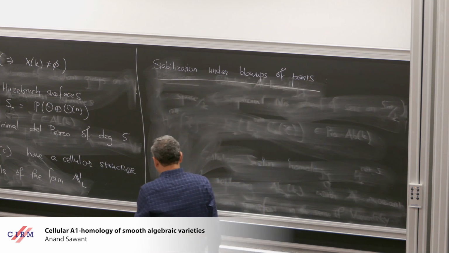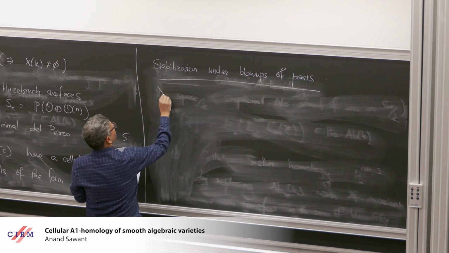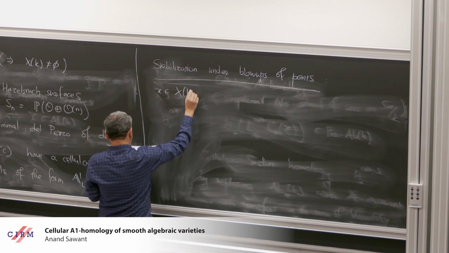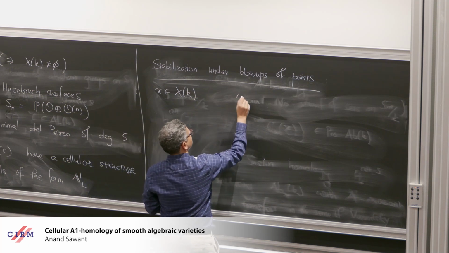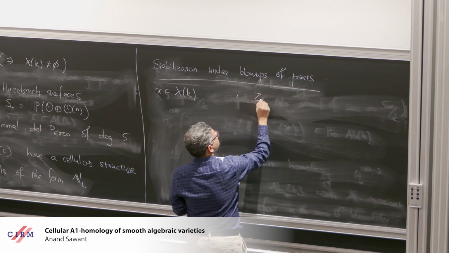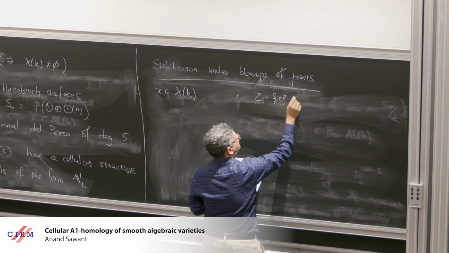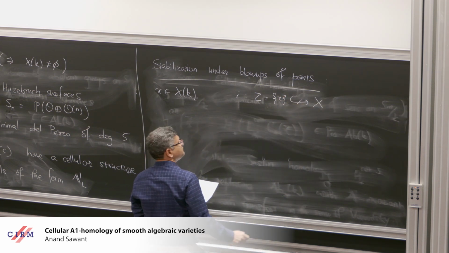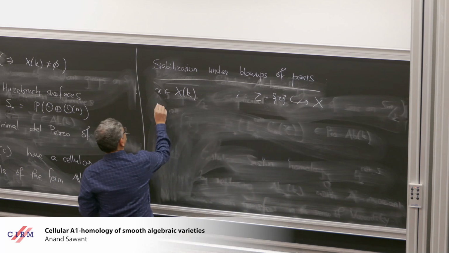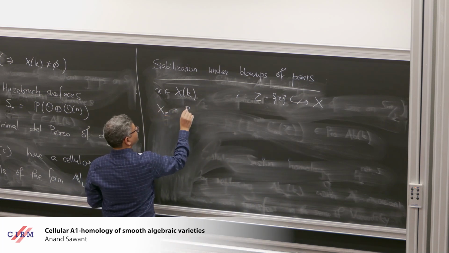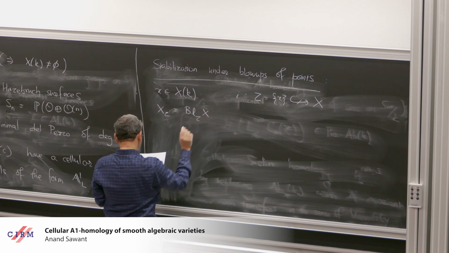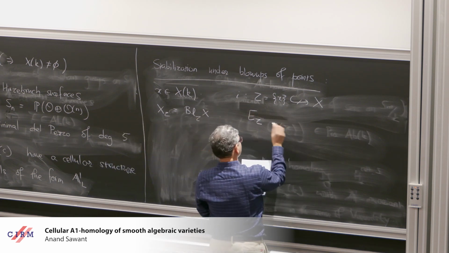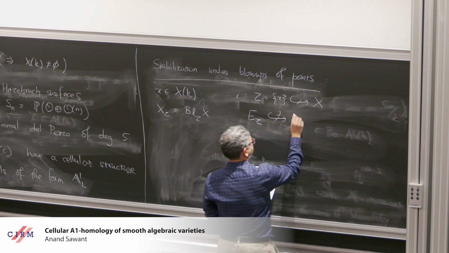Okay, so our X is a smooth projective rational surface and little x is a k point inside X. Let me denote by I the inclusion of this point inside X, and let me write Z for the reduced induced subscheme structure, and let me write X sub Z for the blow-up of X at Z, E sub Z for the exceptional divisor, and J the inclusion of the exceptional divisor.